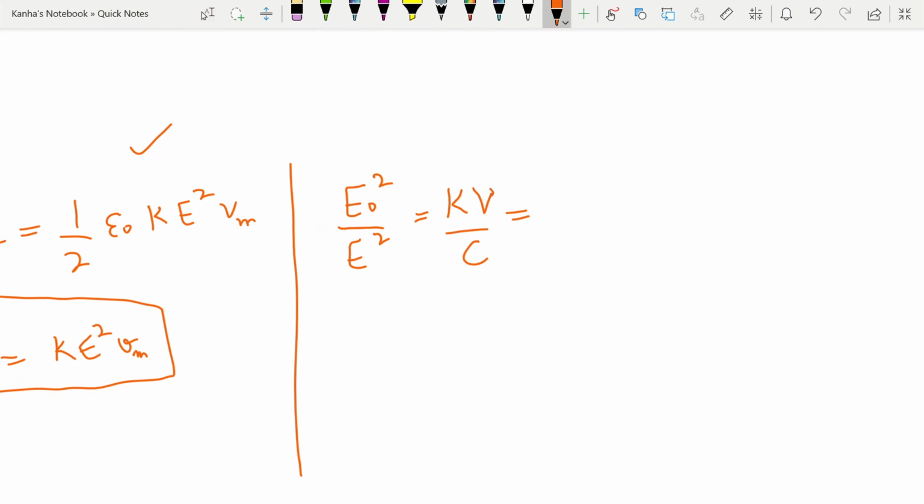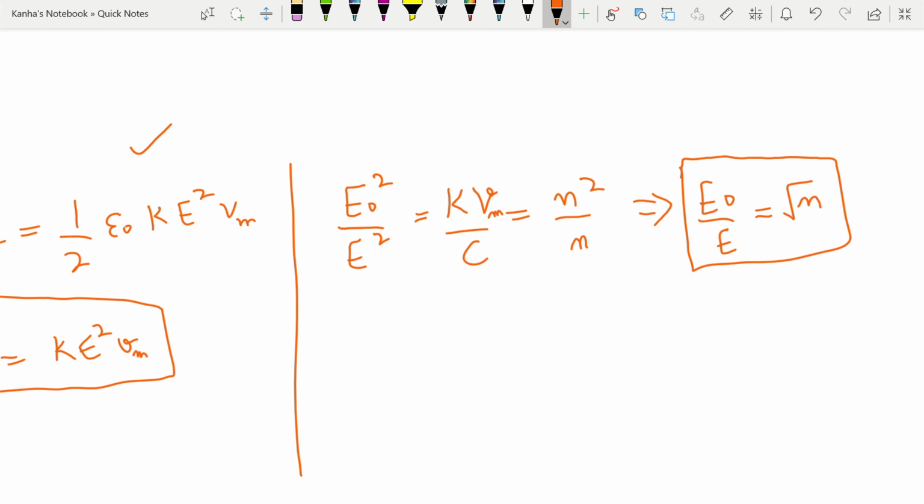This is your V in the medium. This can be written as what? This is nothing but n square divided by n. That implies I can write this simply as E naught by E is equal to root of n.